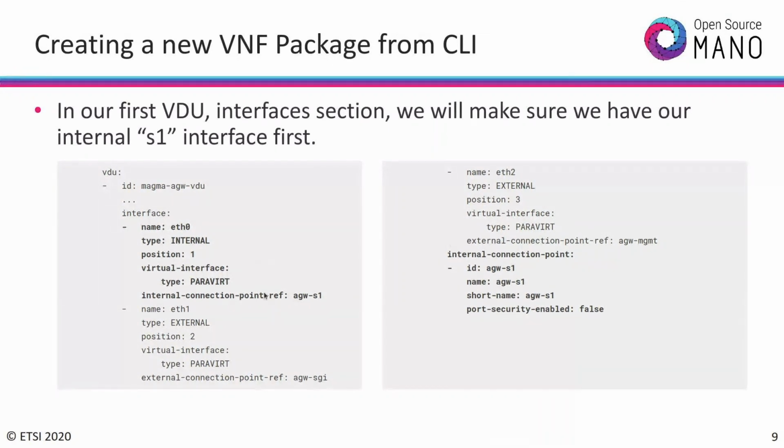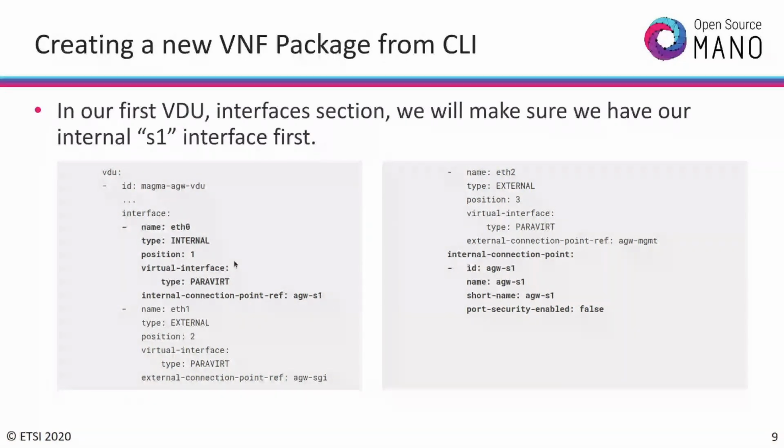So the first change is to replace this Ethernet 0, which will be our internal connection point, with type internal, and internal connection point reference access gateway S1. This refers to an internal connection point element inside the VDU, which is called access gateway S1. Here we can control, for example, things like port security. So this is how we model an internal connection point inside the VNF.